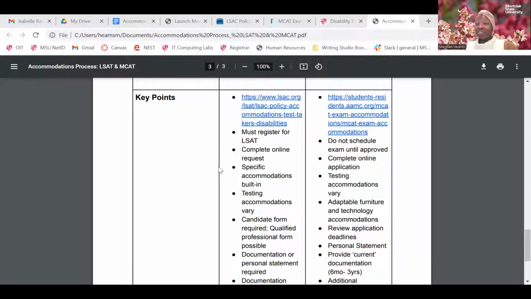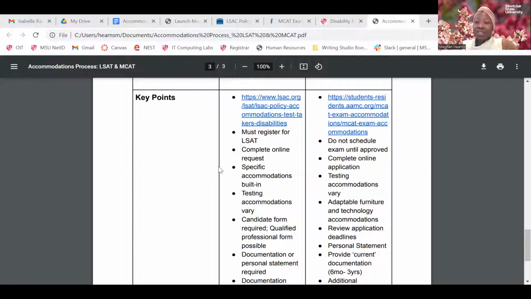So really quickly, key points. In terms of the LSAT, you have to register for the exam first and complete that online request. There are accommodations that are built in. They are not regarding additional testing time, but they are things like scrap paper, enlarged text, beverages, and medical testing if you need to do any testing during your exam.